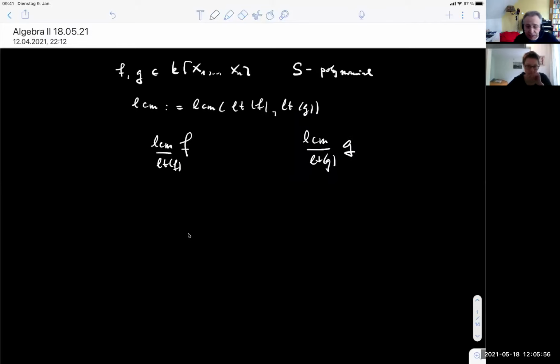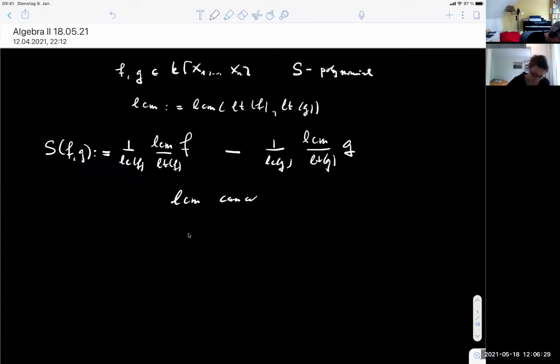Then I notice that these two polynomials have the same leading terms. I also make a little adjustment so they have leading coefficient 1. So I divide here by the leading coefficient of f, and here by the leading coefficient of g, and then I subtract. This is called the S polynomial. The point is the LCM cancels, if you understand.